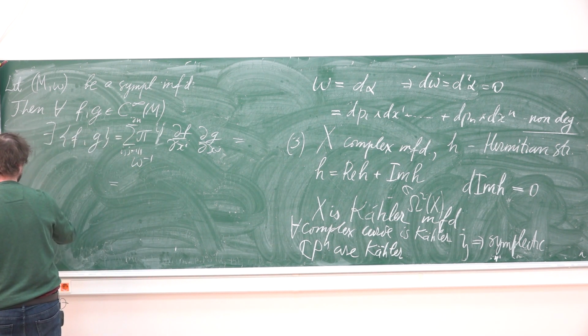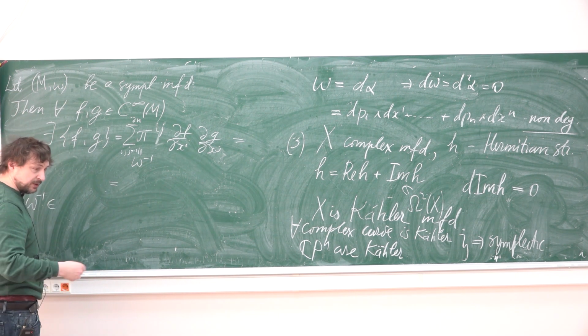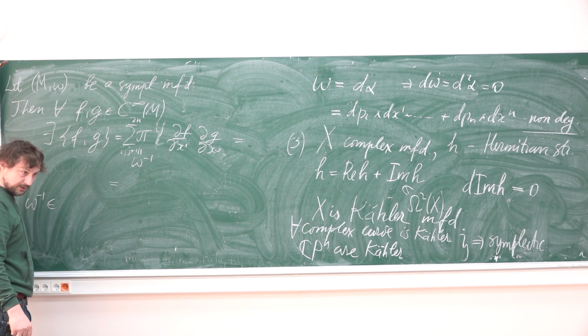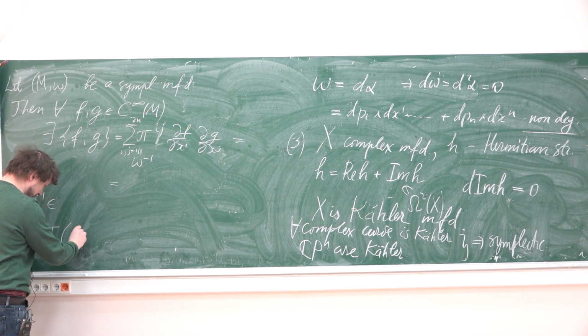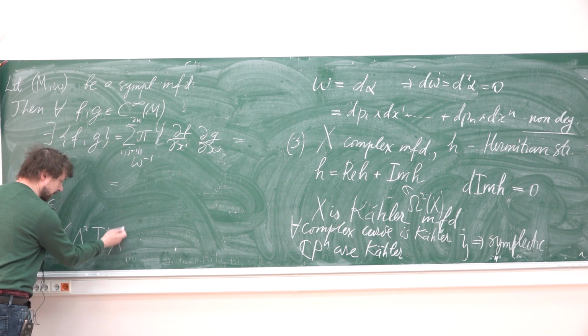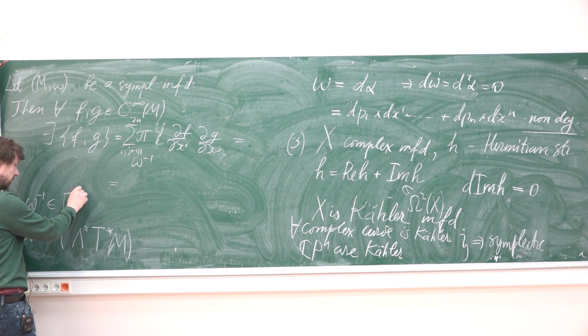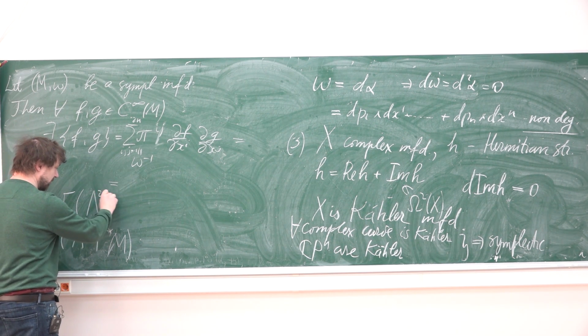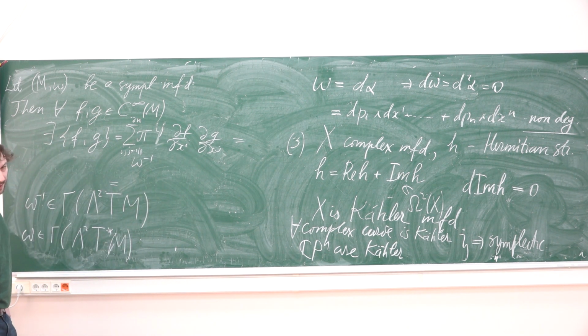If you have a differential form, which is a section of the tensor square of the cotangent bundle of M, then one can show that its inverse is a section of the exterior square of the tangent bundle of M. Such sections are called bivector fields.